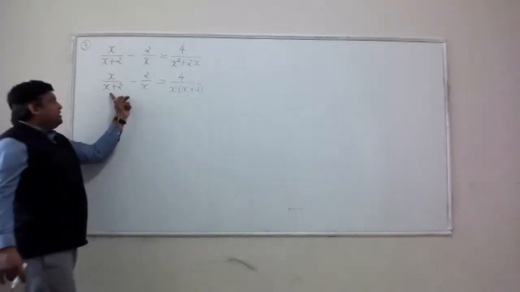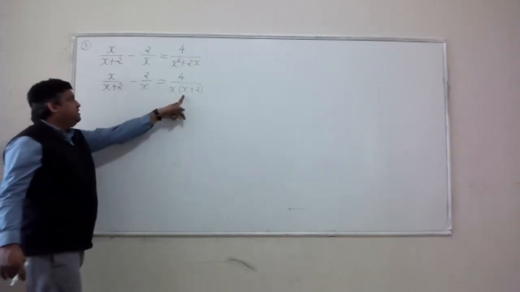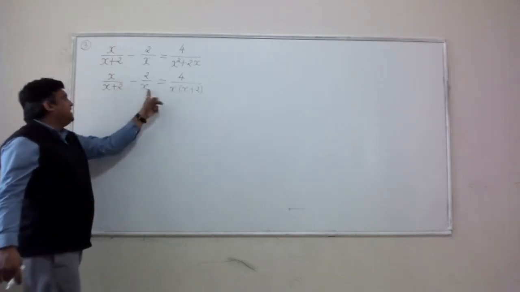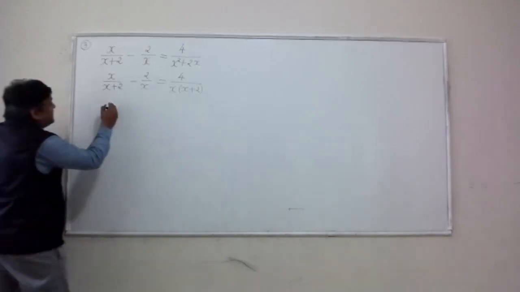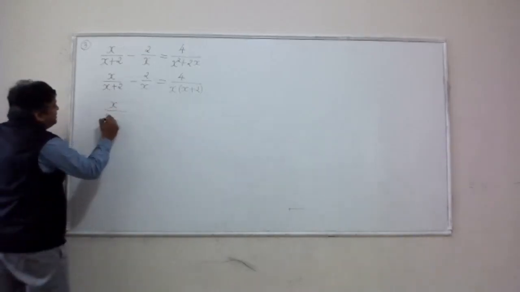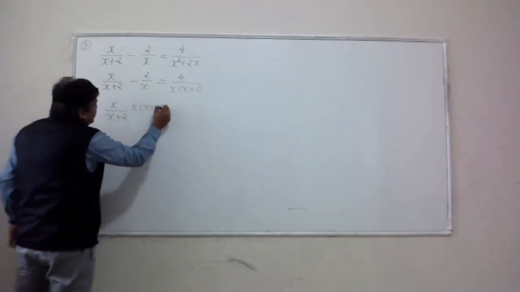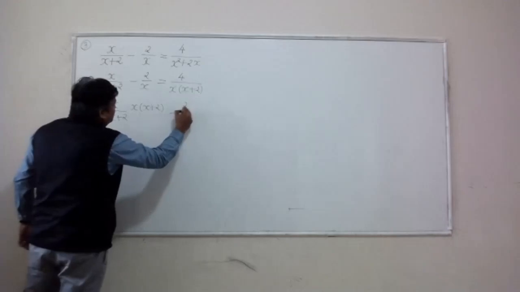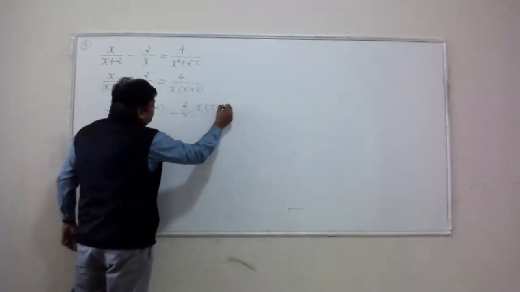Now find out what is the common denominator. Looks like the common denominator of these three terms is going to be the product of x and x plus 2. What I'm saying is if you multiply every single term by x times x plus 2, that will eliminate denominator completely from our example.